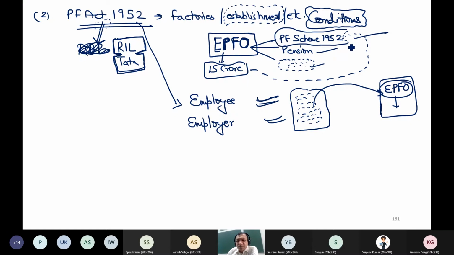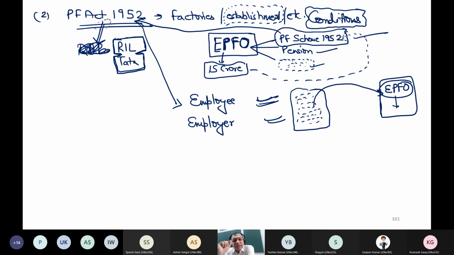Why is this PF Scheme 1952 relevant? Because this scheme is covered as per the provisions of the PF Act 1952. For us, I should only remember one point: the Provident Fund managed by EPFO is that Provident Fund which is covered under the PF Act 1952. That's it. It is the crux in one line.